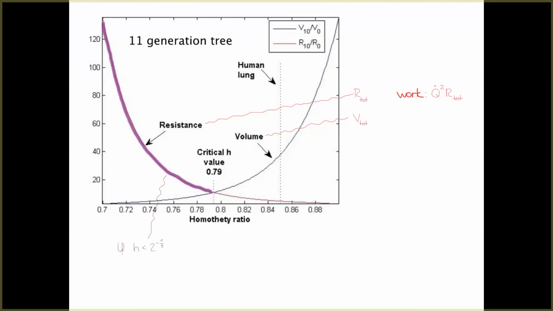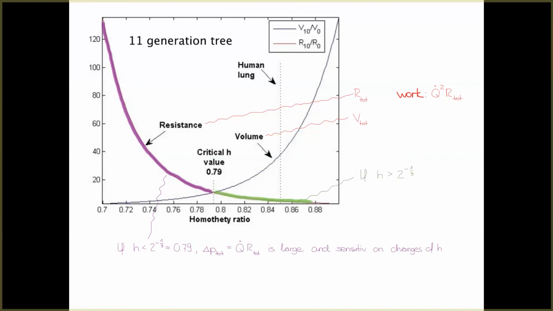And when we are here on the left of this kind of critical value, then the change of the pressure drop is large and very sensitive to changes of the reduction factor. So that means also that the power which we have to bring is going to be large. A change of the power which we have to invest is large and sensitive to changes of it.